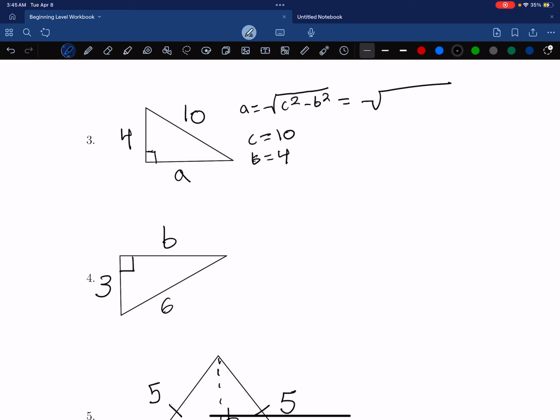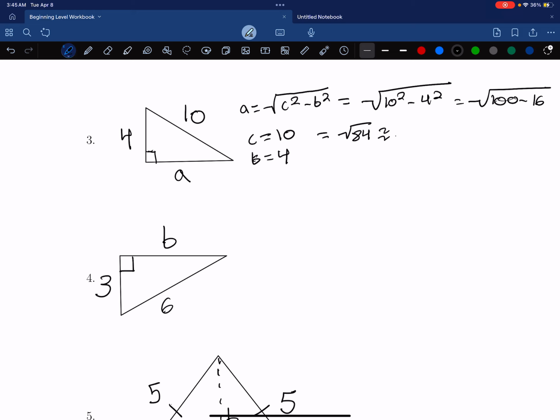So we get C squared, which is 10 squared, minus 4 squared. So 10 squared is 100. And then 4 squared is 16. 100 minus 16 is 84. So we get the square root of 84, which is not a perfect square, so we're going to get a decimal.